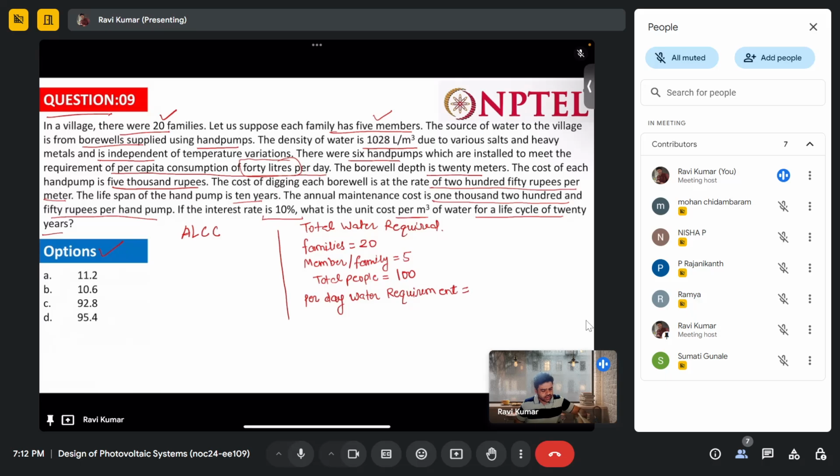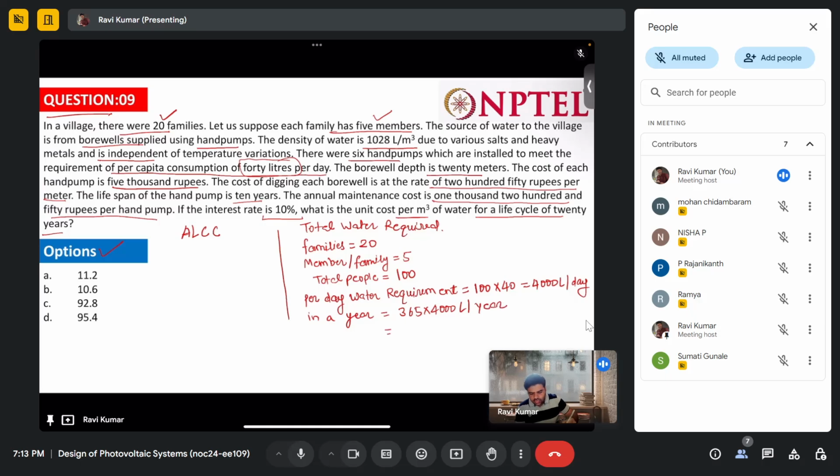So per day water requirement will be 100 people into 40 liter per day. So it is 4,000 liter per day. And in a year, it will be 365 into 4,000 liter per year.